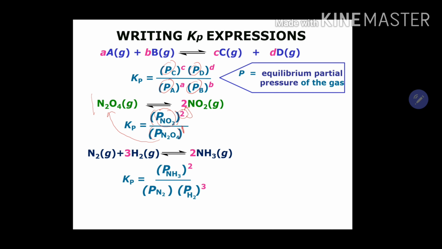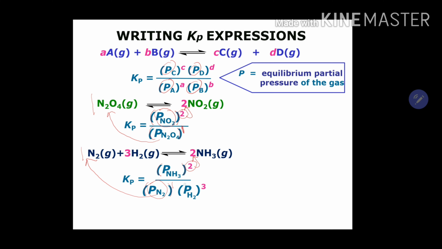The second example we have is 1 mole of N2 plus 3 moles of H2 produce 2 moles of NH3. So Kp can be written as the bracket PNH3, partial pressure of NH3, to the power of 2. 2 is the coefficient of NH3, divided by the bracket PN2, partial pressure of N2, to the power of 1 because N2 has 1 mole. 1 is the coefficient of N2.